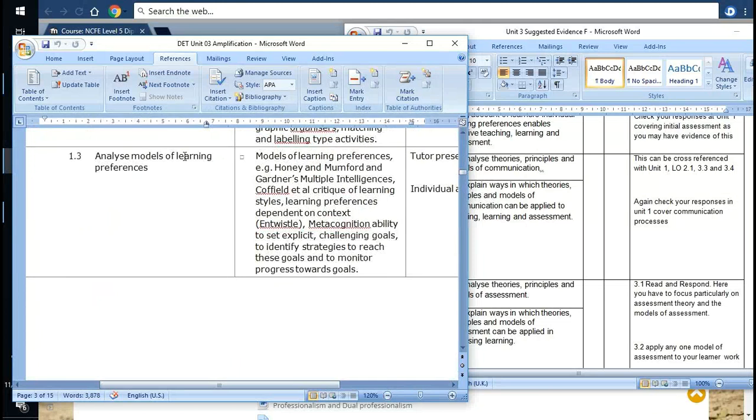And then it's looking at analyse models of learning preferences. So it's models of learning preferences: Honey and Mumford, Gardner's Multiple Intelligences, Coffield et al., a critique of learning styles. They say there are 4. VARK, yeah, exactly.